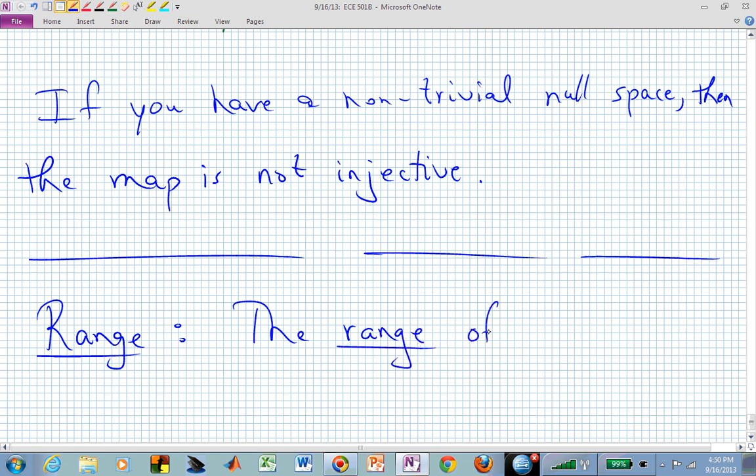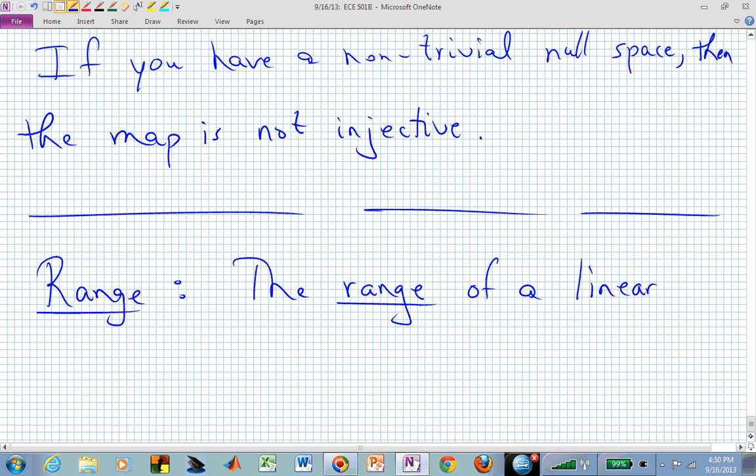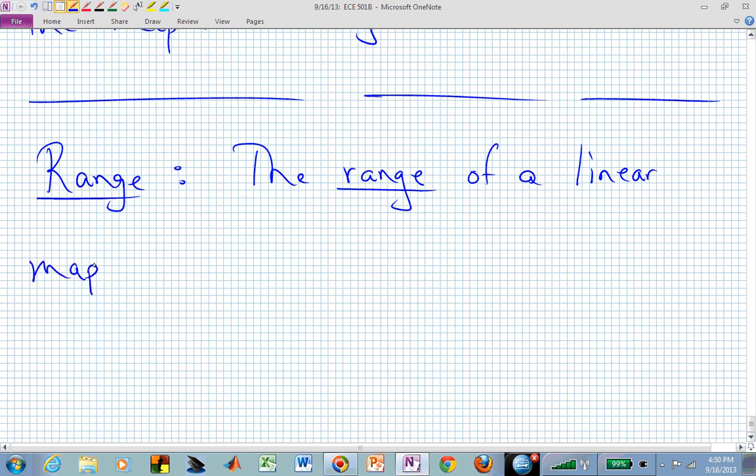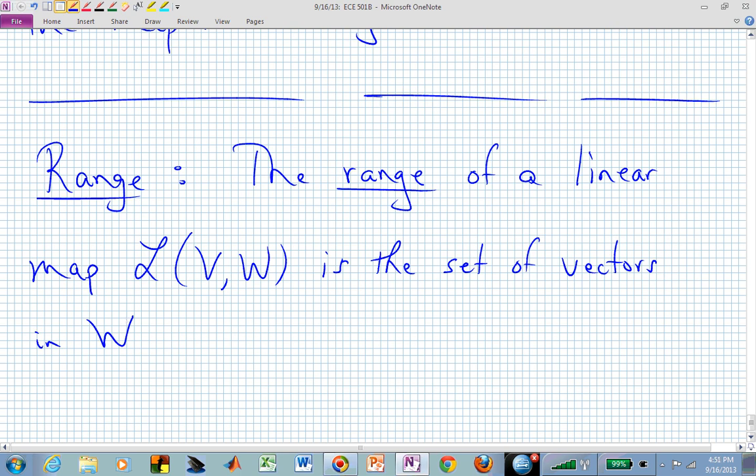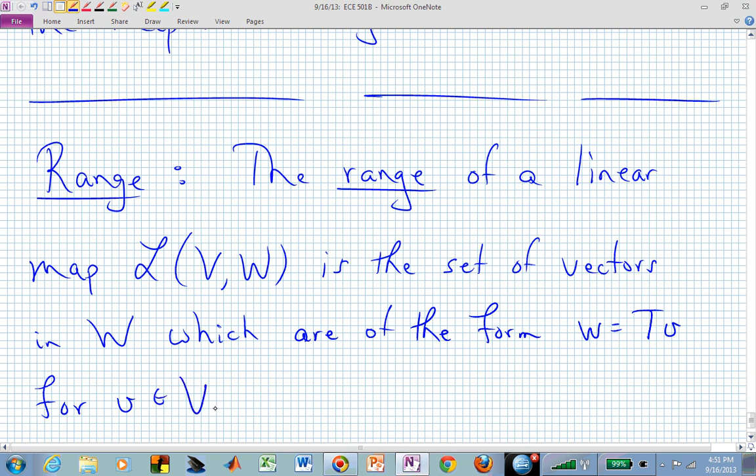The range of a linear map is the set of vectors in the codomain W which are of the form w equal T v for v in the domain.